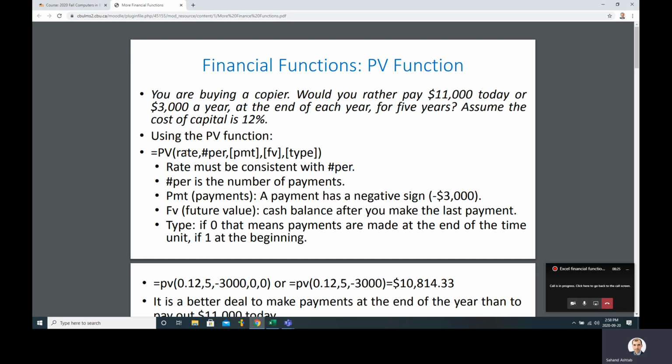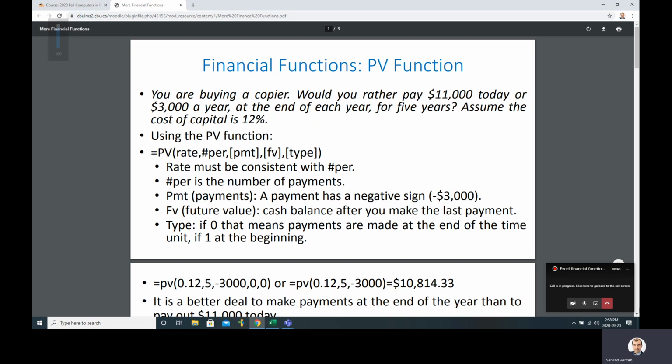So far we know what the rate is and what the number of payments is. Now, the third argument is the payment itself. There's one key and important point here, and that is payment is what you pay, and inside the formula, it will go in with a negative sign because you're actually making that payment.